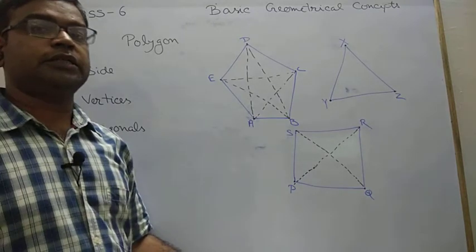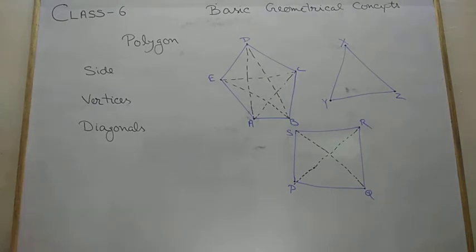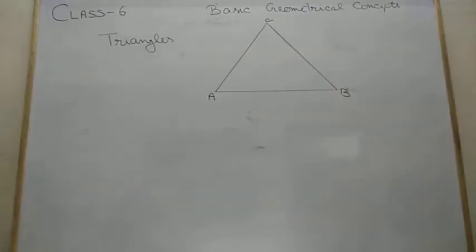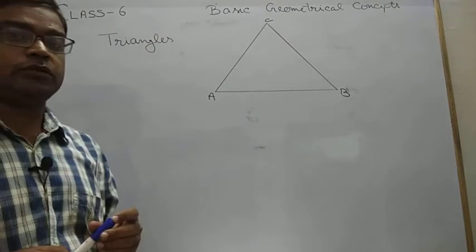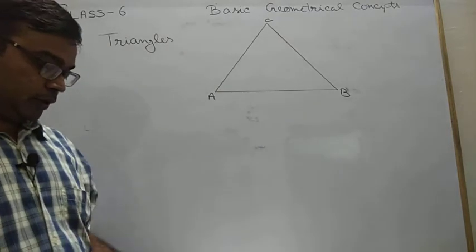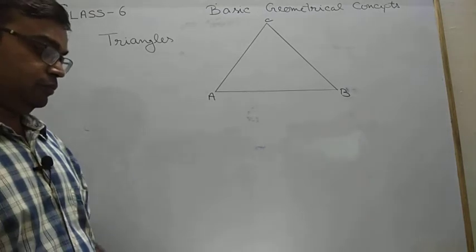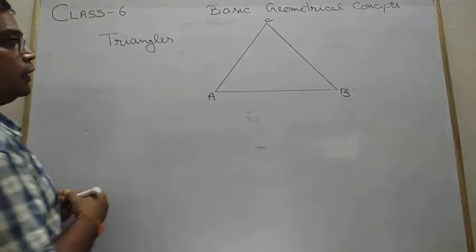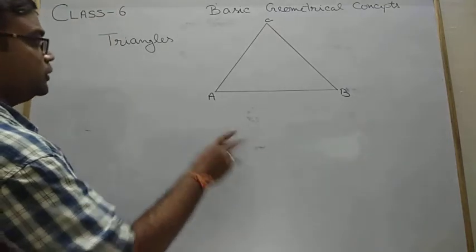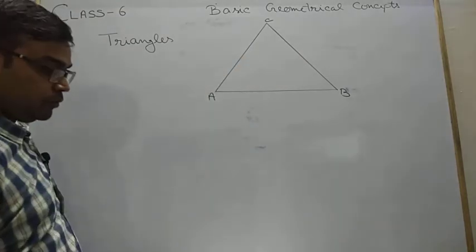So let's discuss the first polygon, that is your triangle. The polygon having three sides is known as a triangle. Generally, this is the basic first polygon, and the area that comes under this part is known as the triangular region.